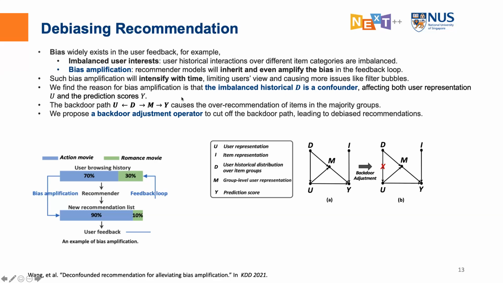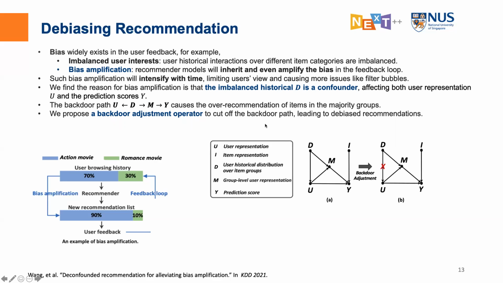If an item belongs to the majority categories, it will easily have a higher prediction score in the final ranking, and the user representation is also close to the representation of this kind of item. This is actually a confounder issue. It confounds, affecting both the user representation and the prediction score. So we propose a backdoor adjustment.